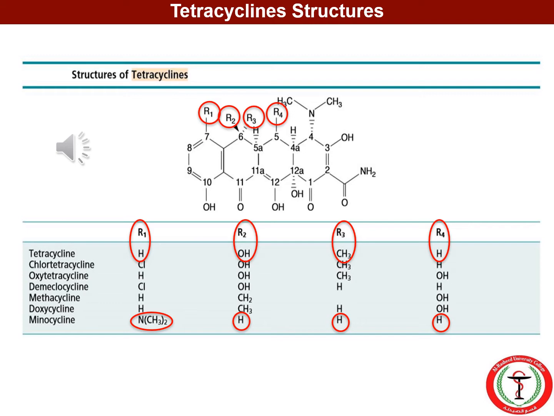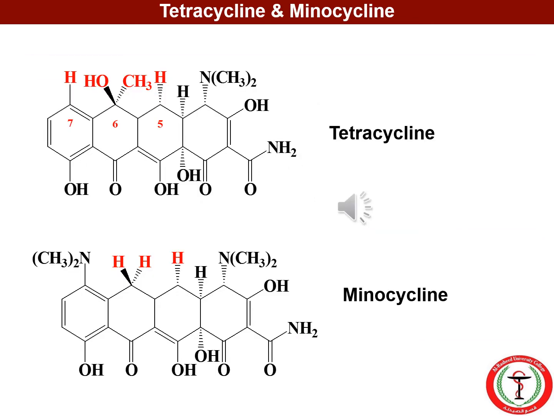For example, tetracycline antibiotic has H in R1, OH in R2, CH3 in R3, and H in R4, and so on. This slide shows 2 examples of these antibiotics, tetracycline and minocycline, and you can see clearly the different groups in red between R1 to R4 in both drugs.